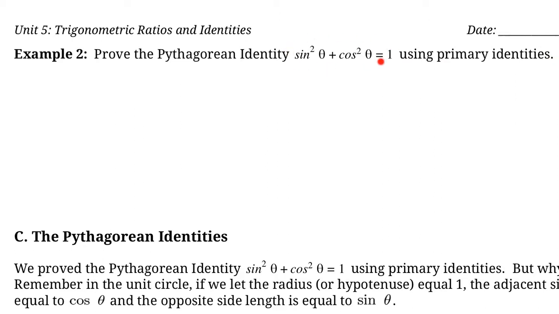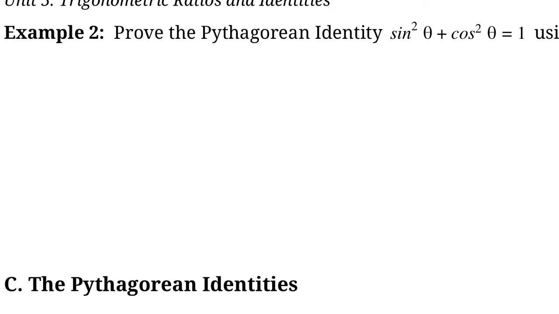In the next example, we're going to be proving this identity using our primary identities. And this is known as our Pythagorean identity. So let's start by breaking up this identity into the left side and the right side. So on the left side, we have sine squared theta plus cos squared theta. And on the right side, we just have 1.